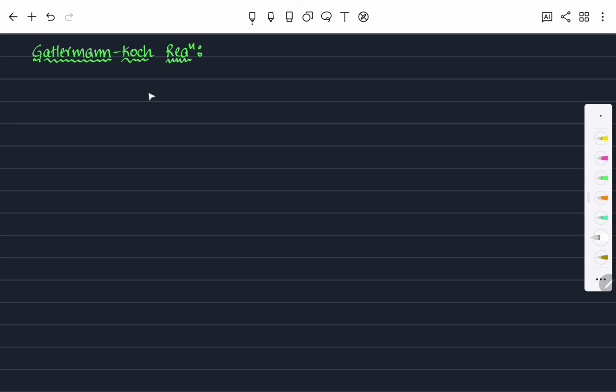Gattermann-Koch reaction. The reagent is carbon monoxide and HCl in the presence of AlCl3 or ZnCl2; any Lewis acid we can use. From this combination, we get the electrophile HC double bond O plus, the formyl electrophile. Simply we can write HCO plus. It is our electrophile.